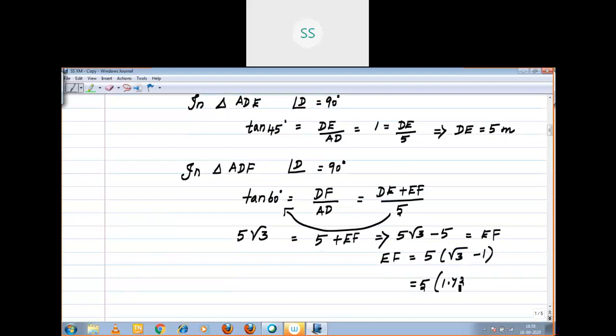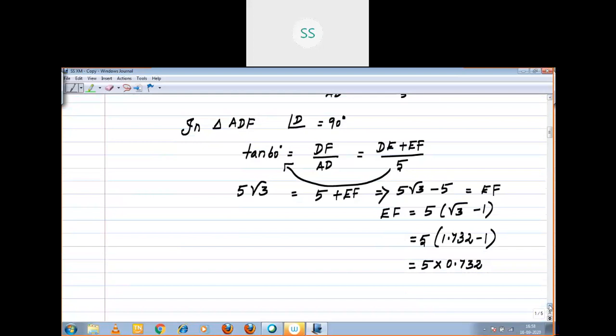So, which is equal to 5 into 1.732 minus 1. 5 into 0.732. Now you have to multiply: 5 3s are 15, 16 remaining 1, 35, 36.